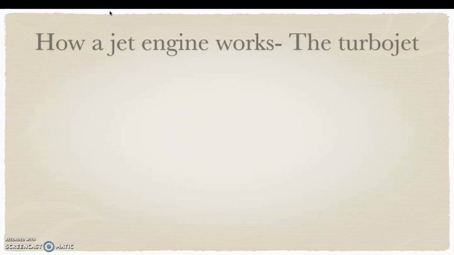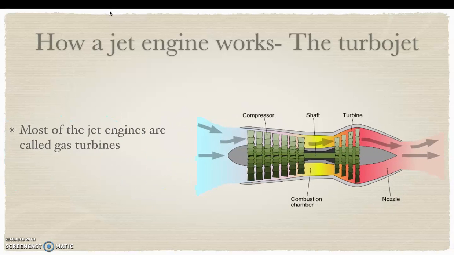So first off, let's learn about our first engine, about how this certain jet engine will work, which is a turbojet. Most of the jet engines are called gas turbines. The reason why most of our jet engines are called gas turbines is because their operation depends upon a rotating turbine inside that engine.